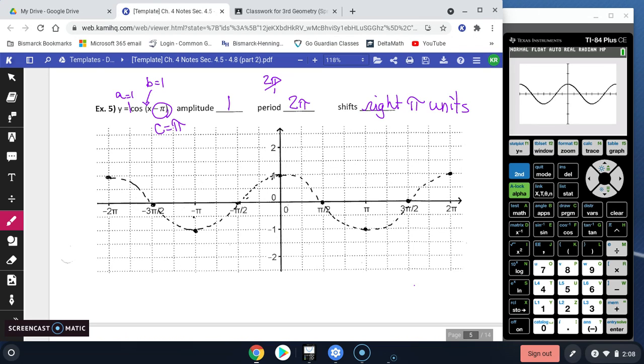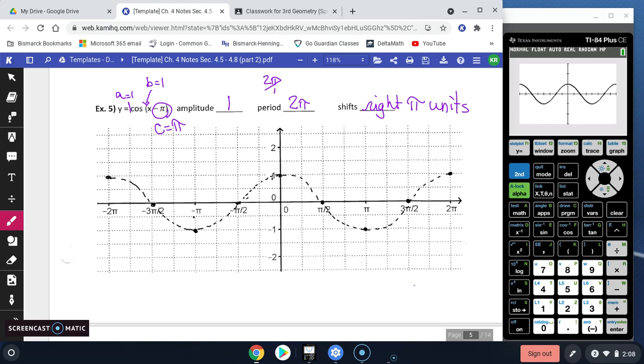Okay, so just like on the last graph where I just took each point, the major points, your max, your mins, where you cross the x-axis, and just shifted them up 1 unit, we're going to do the same thing here, except everything's getting moved to the right pi units. So I'm actually going to start down here at the end.